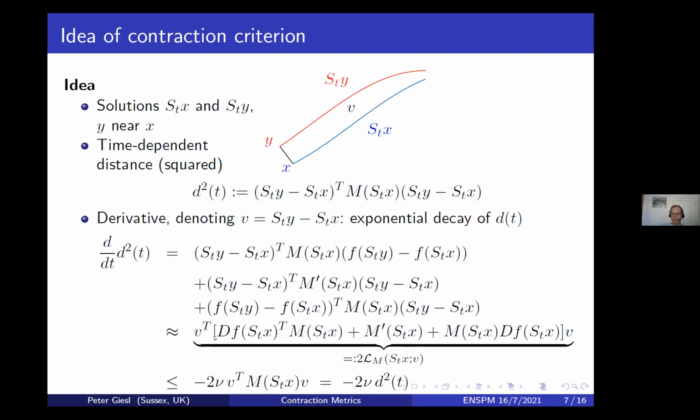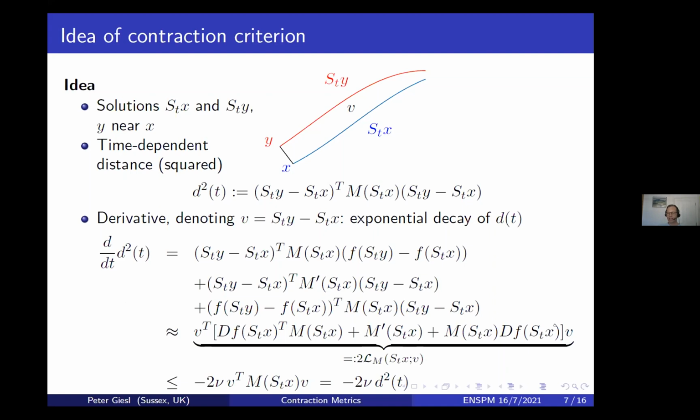So you can see this is a very nice expression, and we want the derivative to decrease. So we want this to be negative, and even better, we would want it to be negative times the d squared itself. So our assumption will be that this term here is bounded by a negative constant times v transposed M v.